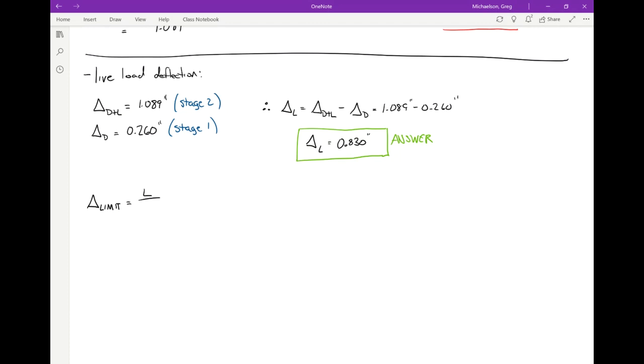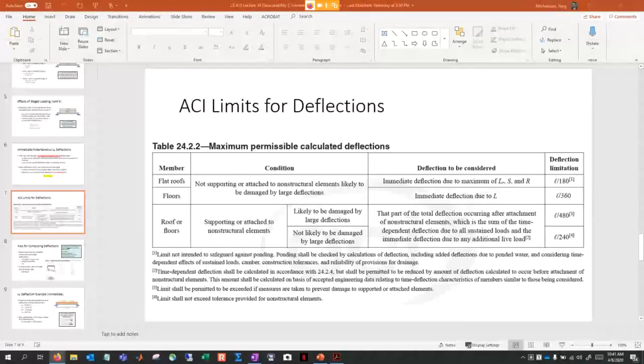Tell you what, I'll make it a little easier on you here. I'll go back and share the screen because we've got time. So here's our ACI limit for deflection, and so we have flat roofs and floors. So our limiting deflection in this case, we're going to be using L over 360, not L over 180.